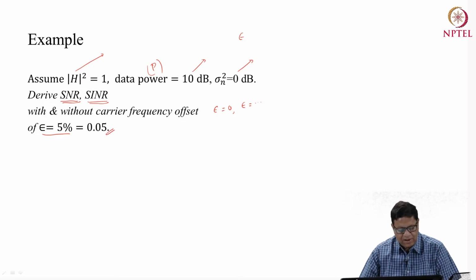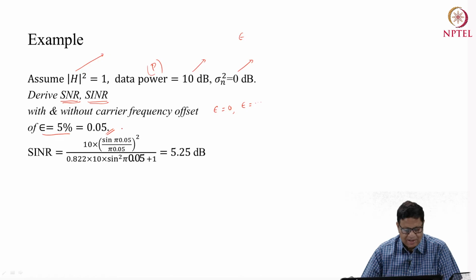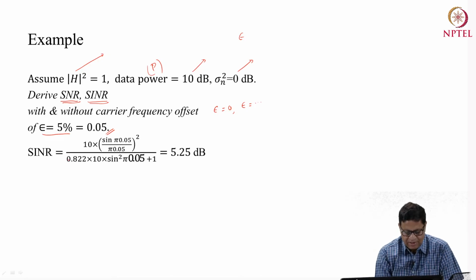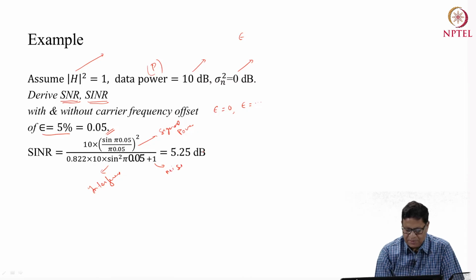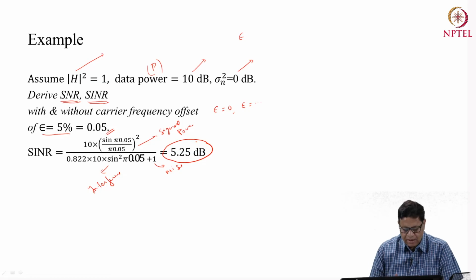So for these values, let us try to calculate the SINR using the earlier formula which I had derived. This is given by the signal power part, and this is the interference, just putting the values here. And of course, the noise was 0 dB or 1. So this was the noise. This gives me 5.25 dB as the SINR.